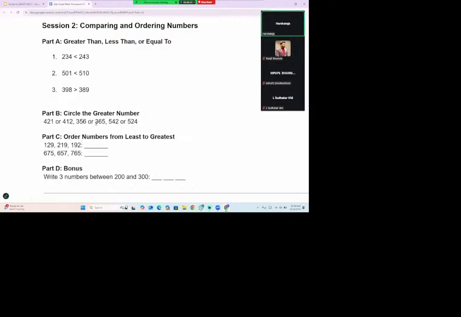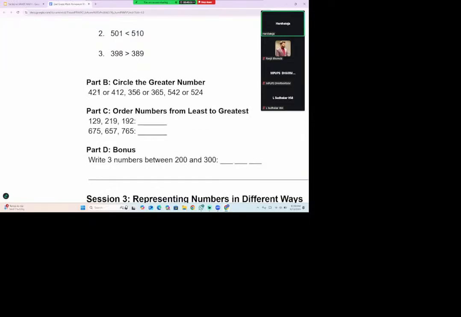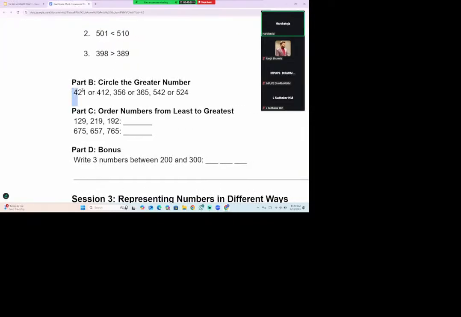Circle the greatest number. Okay, so we need to compare all of these numbers first. So 421, if we look at the hundreds place, it's a 4. Now if we look at this number, 412, it also has a 4 in the hundreds place, so we move on to the tens place. In the tens place, there's a 2 here and there's a 1 here.